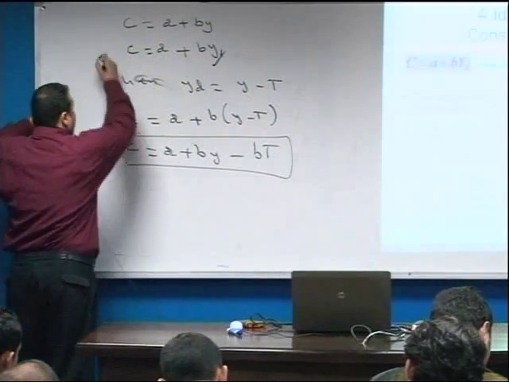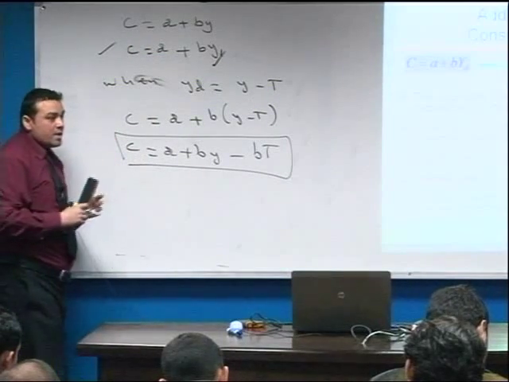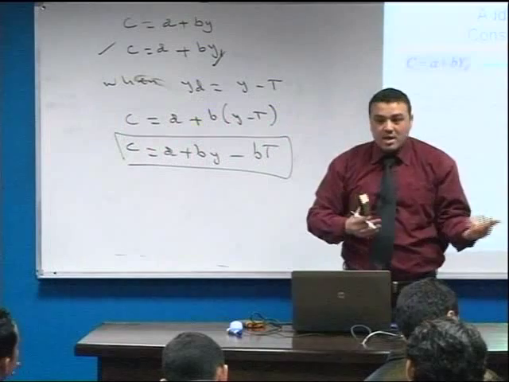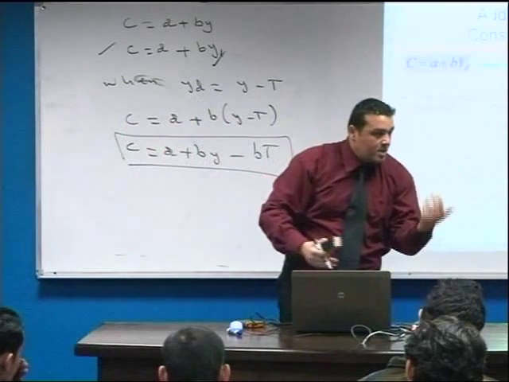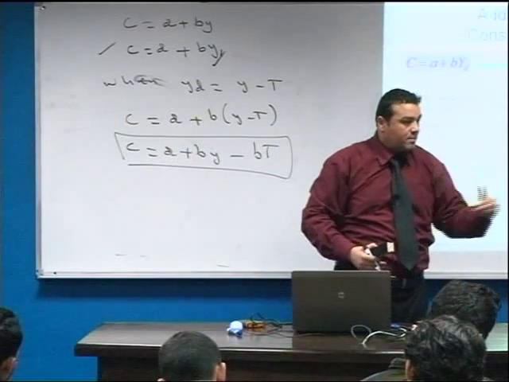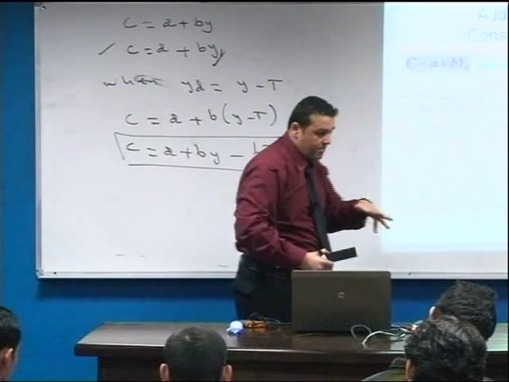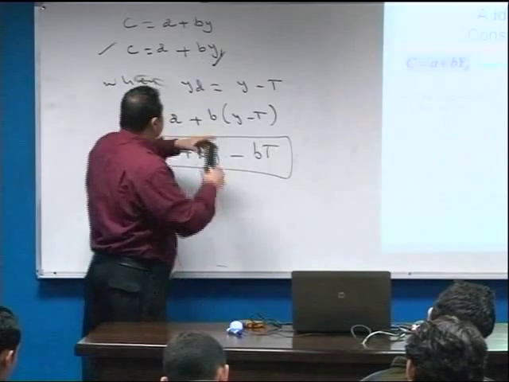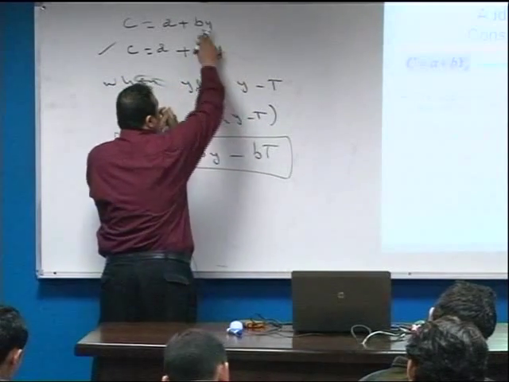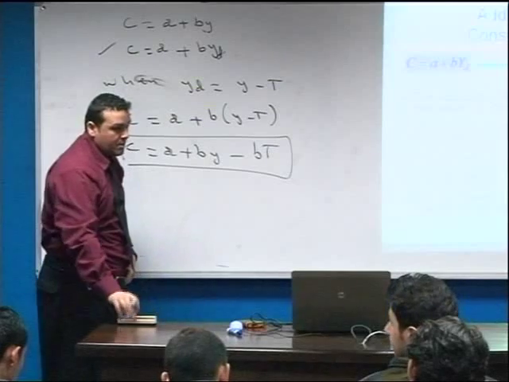Now we added the government, so we cannot use all of our income for consumption and saving. We have to pay taxes to the government, or sometimes we receive transfer payments from the government. So our consumption depends on what? The disposable income, not the total income.